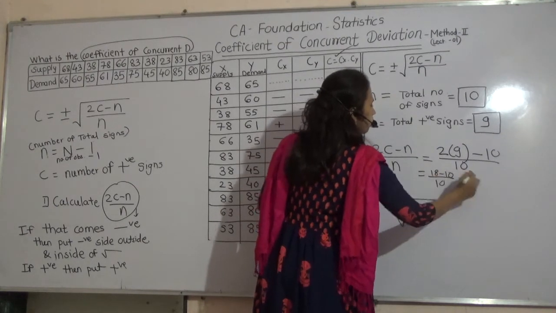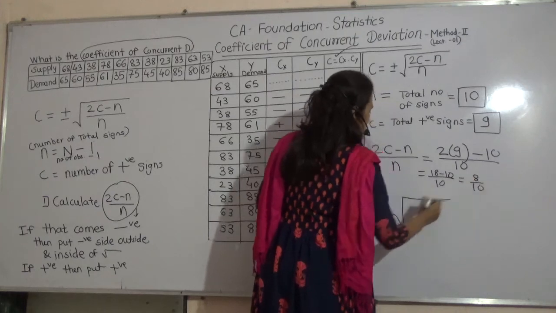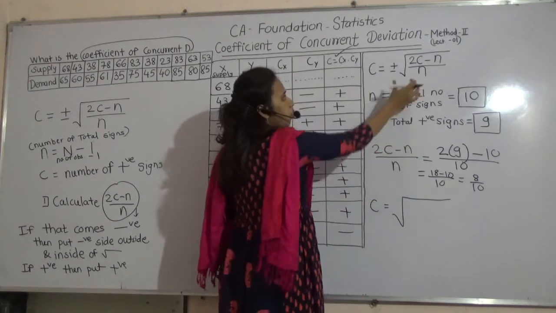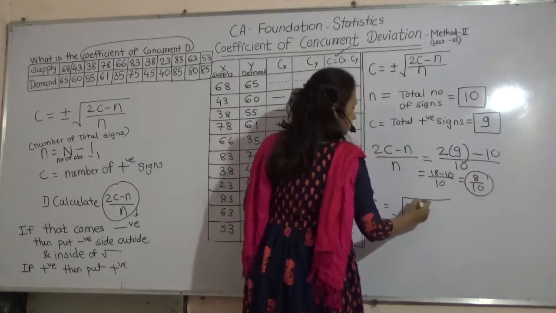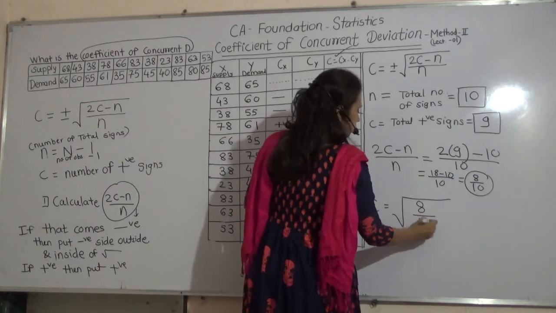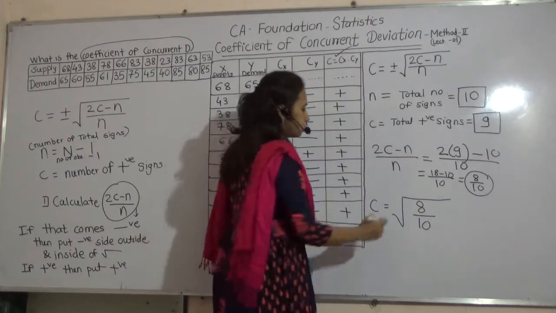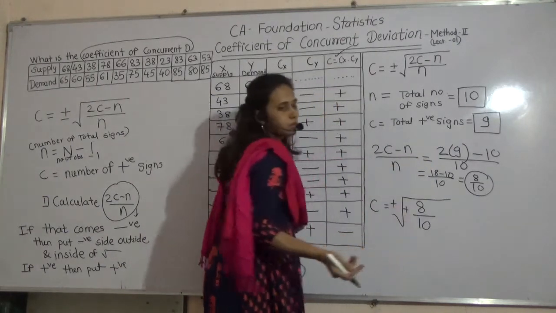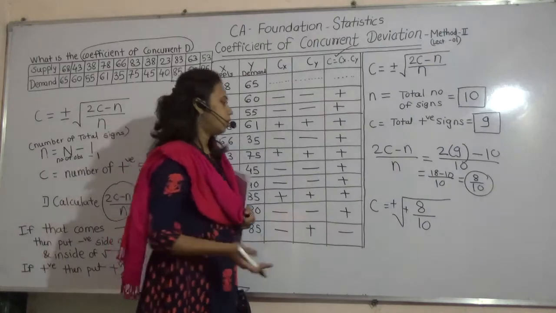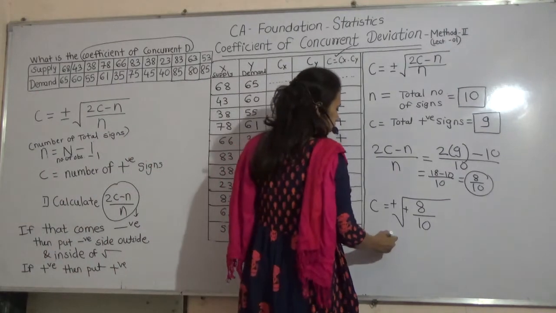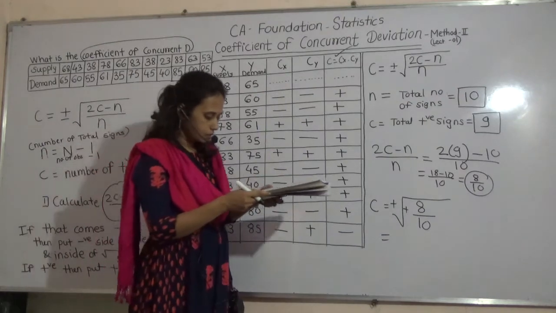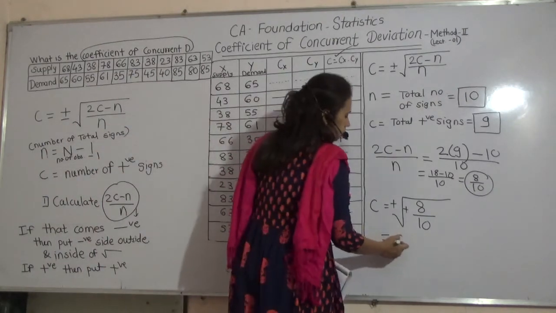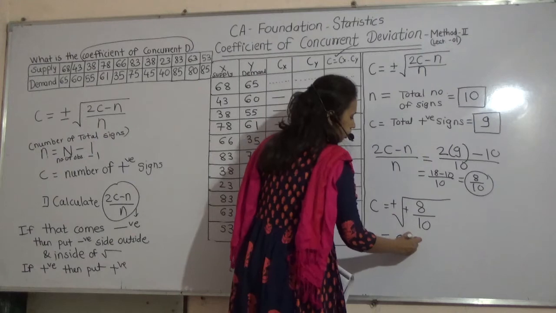So 8 upon 10. So once I got this answer for 2c minus n upon n, my answer is 8 upon 10. Now I got the plus answer, so I will put plus. If you don't write it, it doesn't matter, because whenever we don't write anything, it means that there is a plus sign. This answer will come as 0.89.